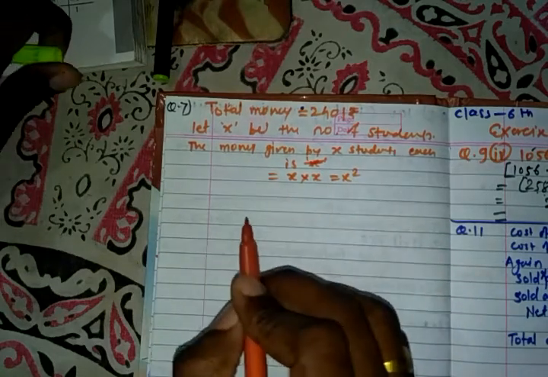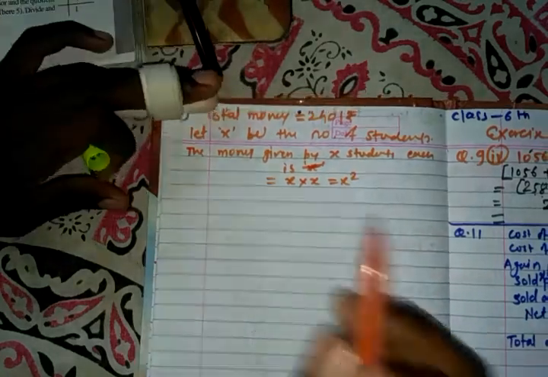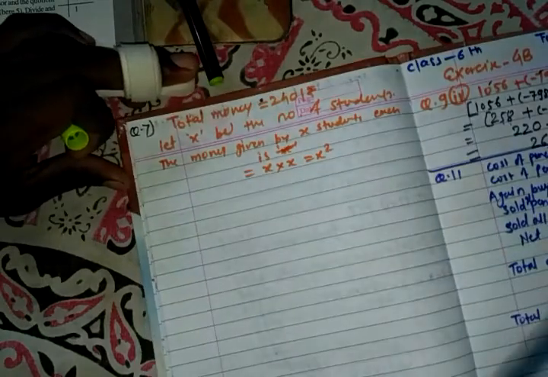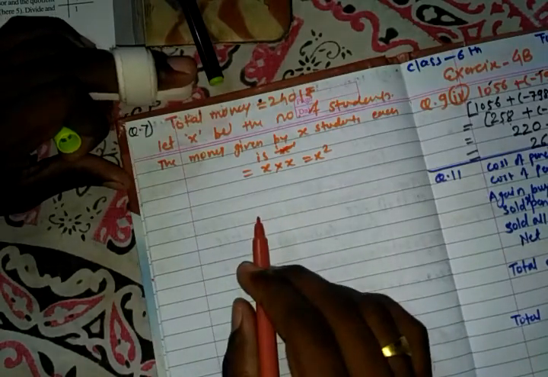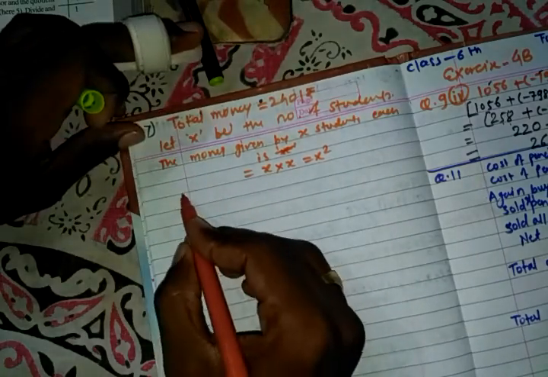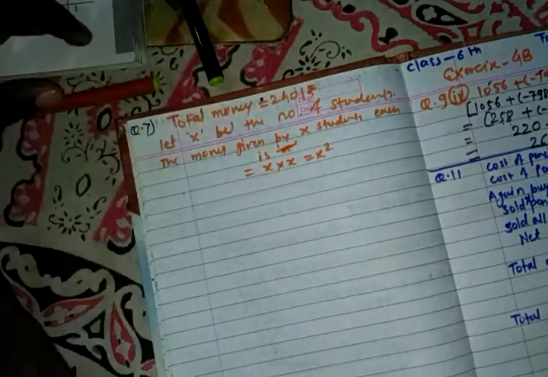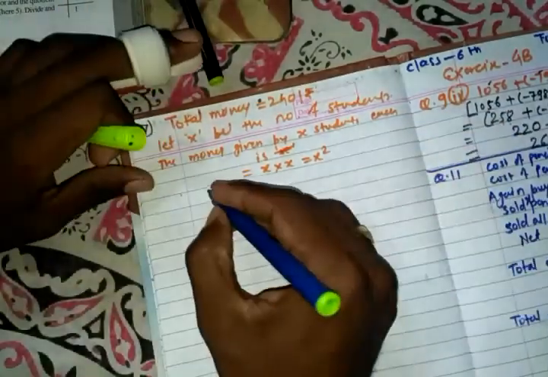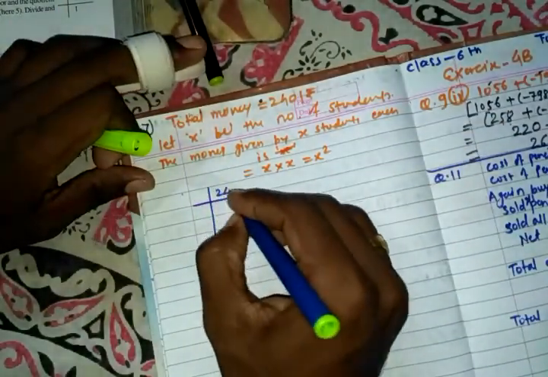So first we will find the number of students, and then we will find the square root of that to get the money given by each student. So I will take 2401 to find the factors.